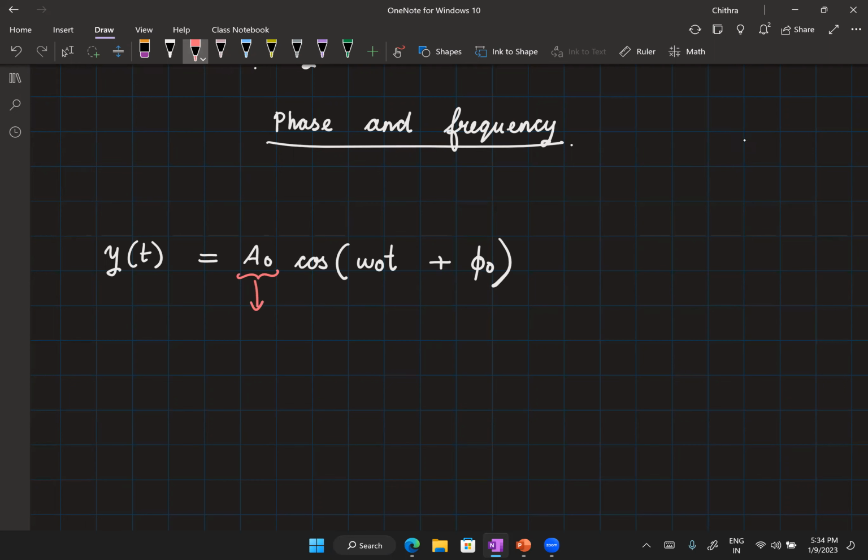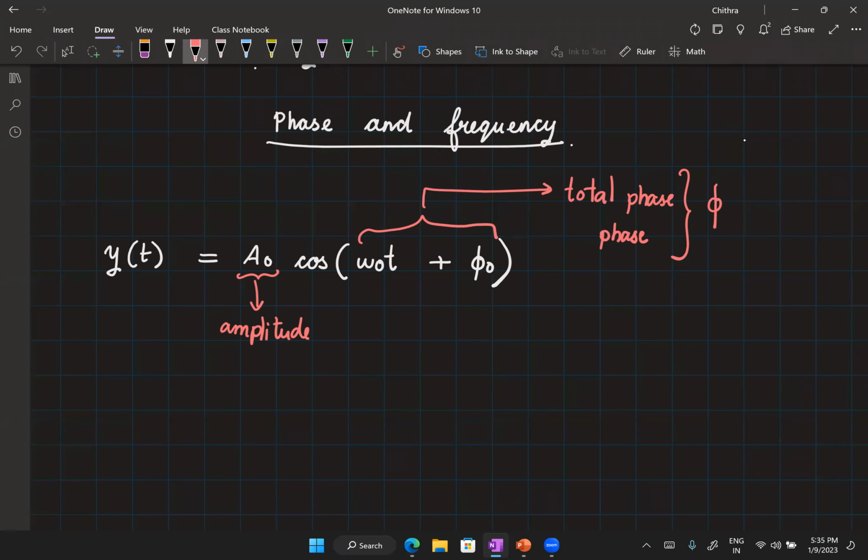So A naught is called the amplitude. This whole argument within cos, that is omega naught t plus phi naught, will be referred to as either the total phase or just phase. Okay, and this will be represented using the symbol phi. Now this is a function of t. Therefore, we'll show this as phi of t.